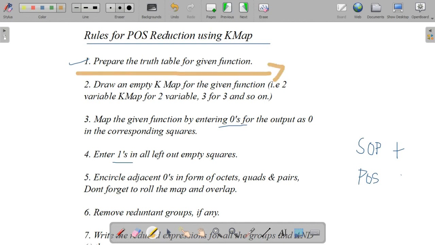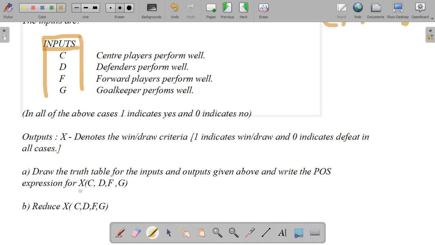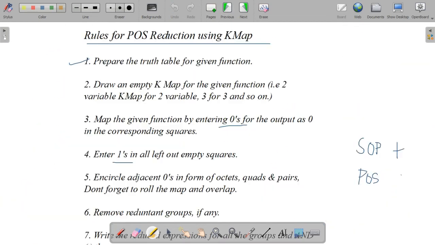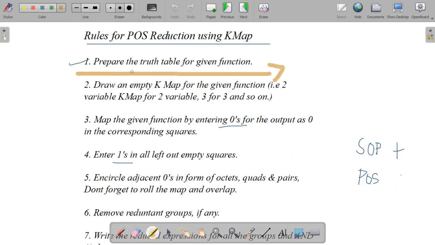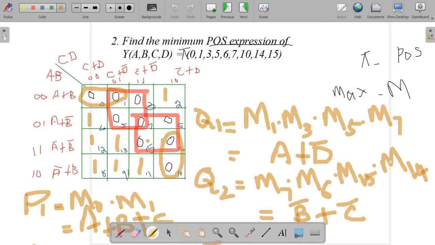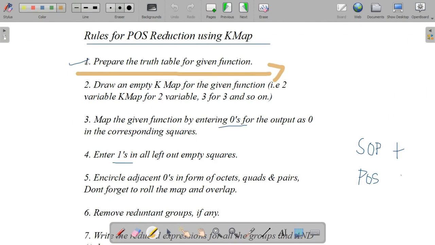Draw the truth table for the input and output. So this is the first case. Do you remember the steps? I told you to prepare the truth table, which we have to do only in the stepwise or storytelling questions, for the given function. Sorry, before that, first we need to write the formula, or we need to create an expression.